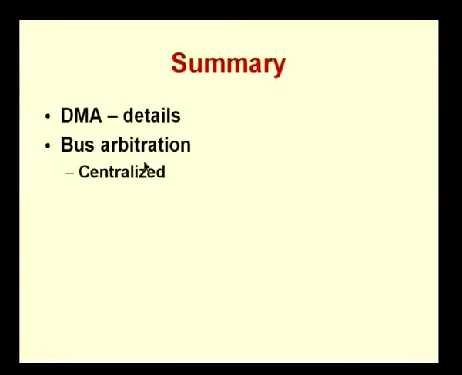One is the cycle stealing mechanism, and the other is a burst mode of data transfer, which requires control of the bus. That brought us to the topic of bus arbitration. We looked in detail at the centralized bus arbitration mechanism. We also mentioned that there is a distributed bus arbitration mechanism, but we looked at how the centralized bus arbitration mechanism works.